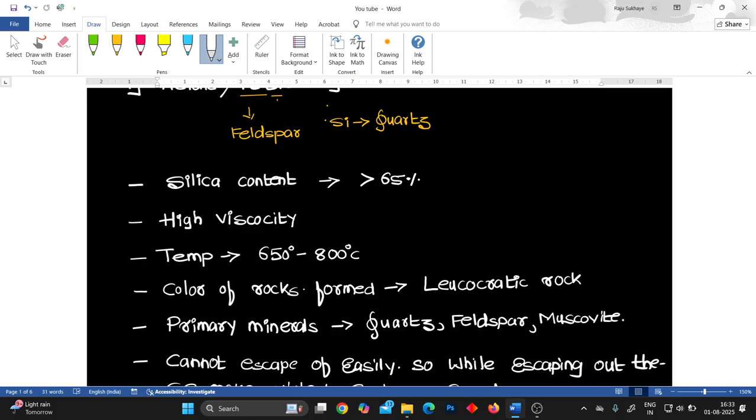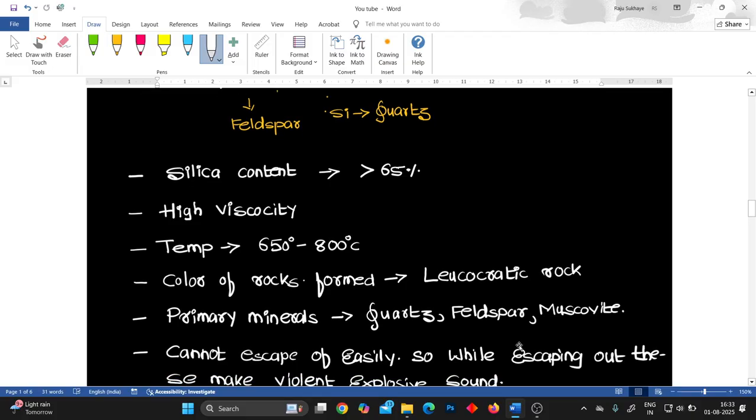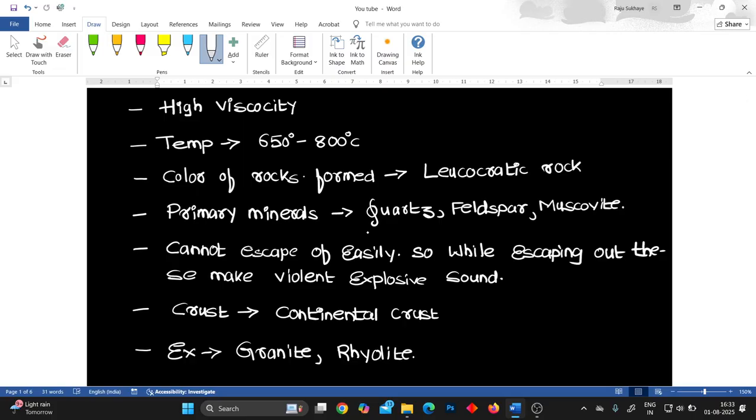So what are the primary minerals present in this particular magma or lava? It is the quartz group of minerals, the feldspar group of minerals, and muscovite. And as we have discussed, this particular magma consists of trapped gases. Due to high viscosity, the trapped gases in the lava or the magma, which is of acidic type, cannot escape out easily.